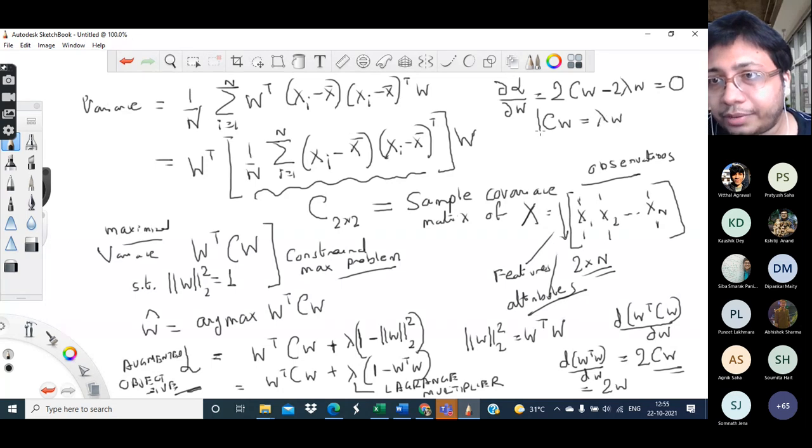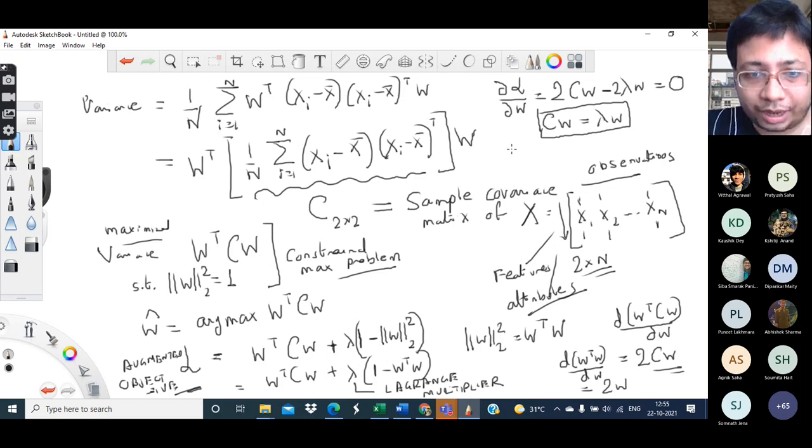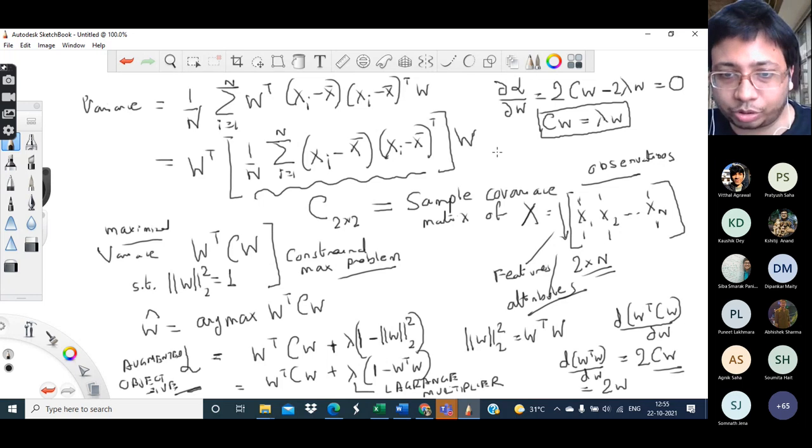This is what I get. Fine. But I also have to do something more. Basically I want to solve for W and lambda, because these are my unknowns.